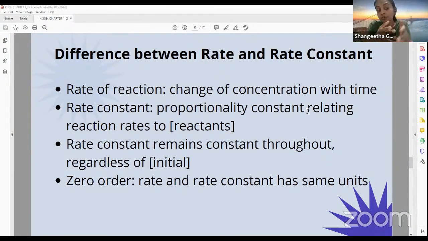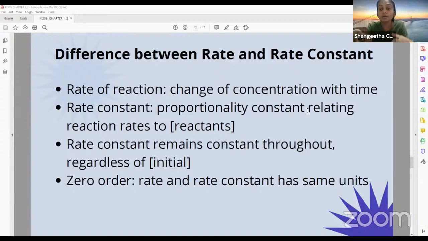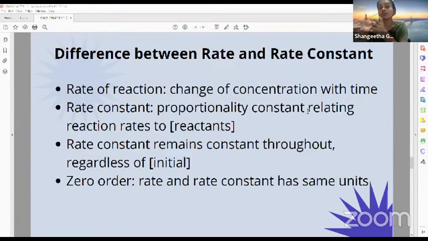When we talk about rate of reaction, that's what we learned in the previous lessons, the last few weeks. It's actually the change of concentration with time. When we talk about the rate constant, it is the proportionality constant that relates your reaction rate to the concentration of your reactants.